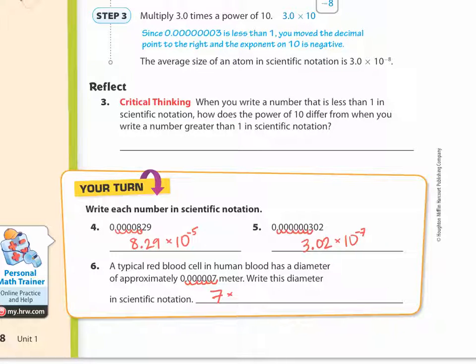And then times 10 to the, let's see how many times we moved it. 1, 2, 3, 4, 5, 6. So 10 to the negative 6. And that is now in scientific notation. Let's now practice going the other way around, converting from scientific notation to standard notation. Next page.